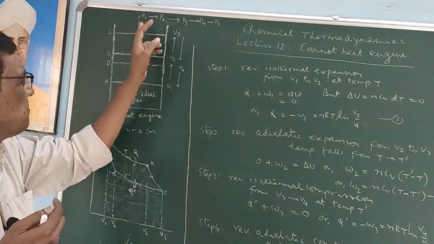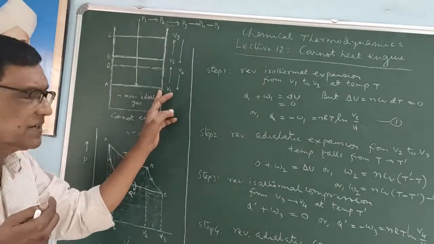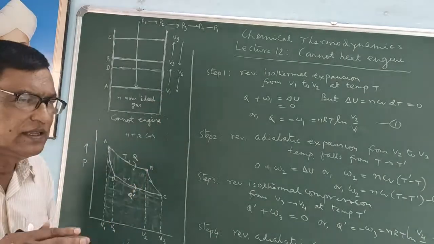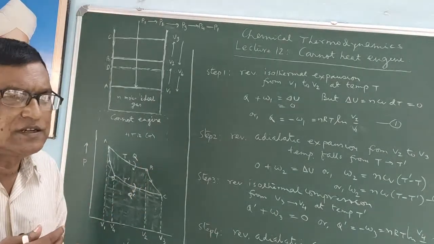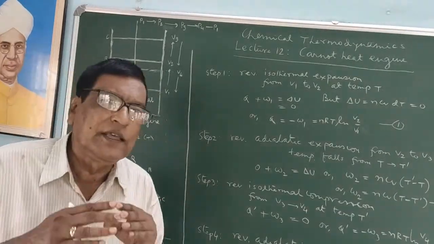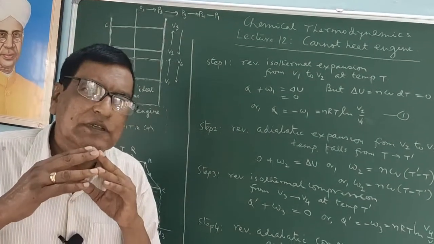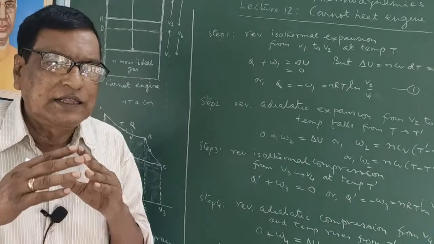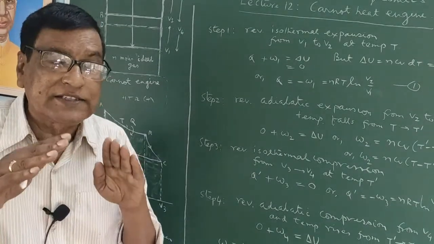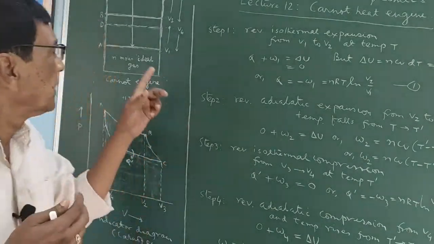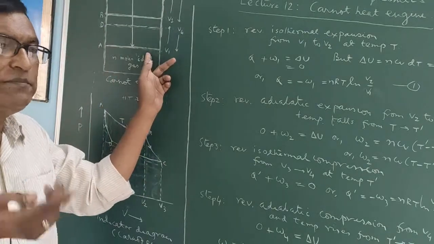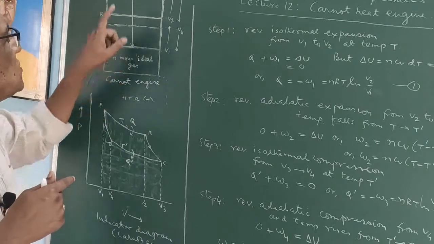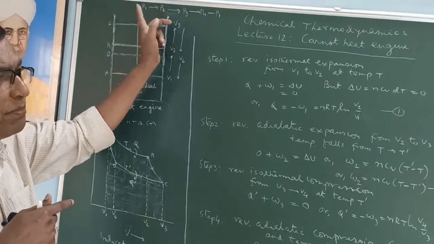The external pressure P1 is exerted on this piston by keeping weights, or better, keeping a handful of sand grains over the piston to keep this load, so that the pressure of this gas is also equal to P1.